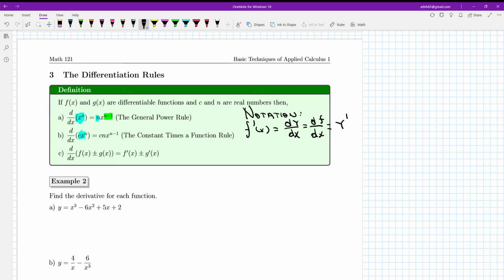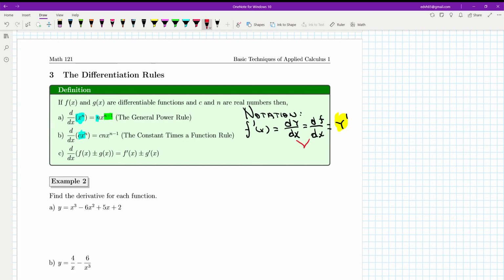The ones that I'm going to use the most are the following. The y prime is the one I prefer because I think it takes less writing, but it's also good to put names to this notation.